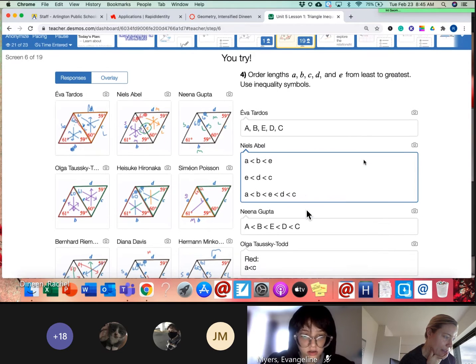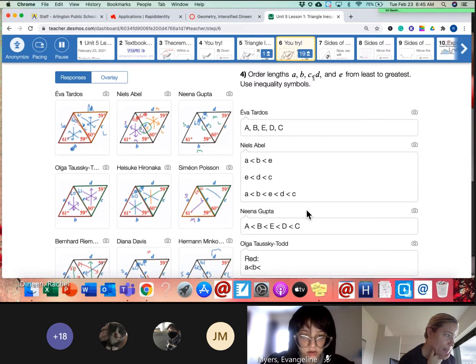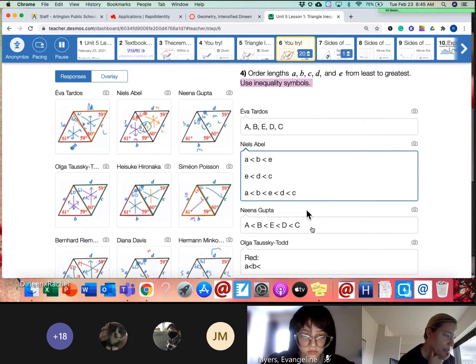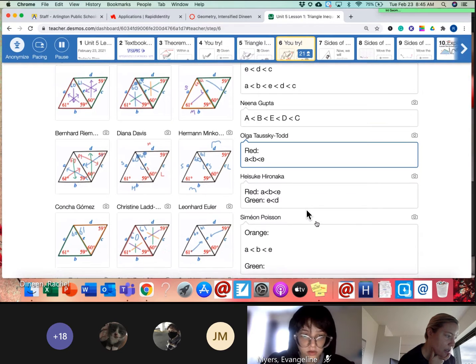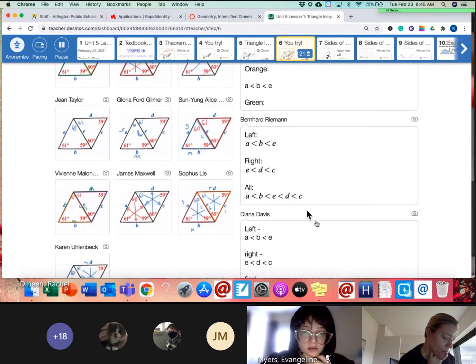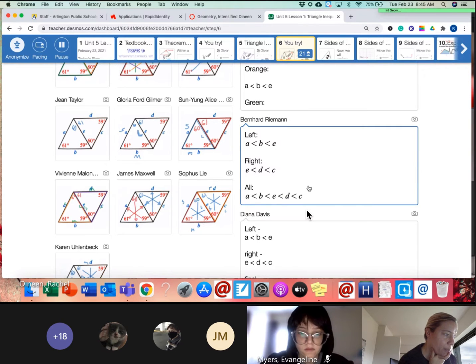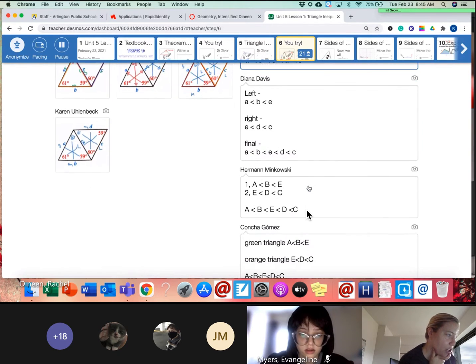Famous mathematician Eva, great job. Except make sure you read the directions. It asks you to use inequality symbols. Niels, great job. ABEDC. Nina, good job. Bernard, awesome job.